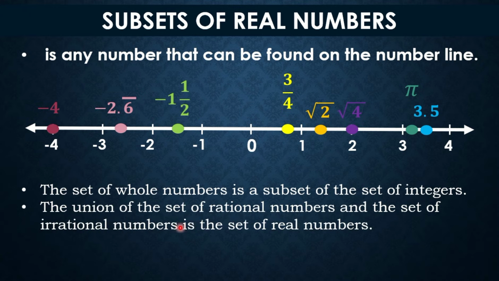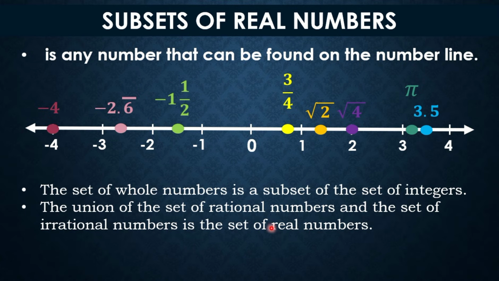Another, the union of the set of rational numbers and the set of irrational numbers is the set of real numbers. So, pag sinabing union, we're going to combine. So, this is set operation. Okay? So, if we will be combining rational and irrational numbers, ang magiging sagot ba ay real numbers? Yes.